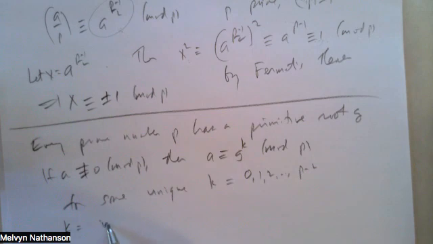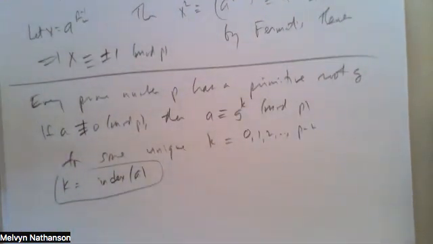And K is called the index of A mod P with respect to the primitive root.